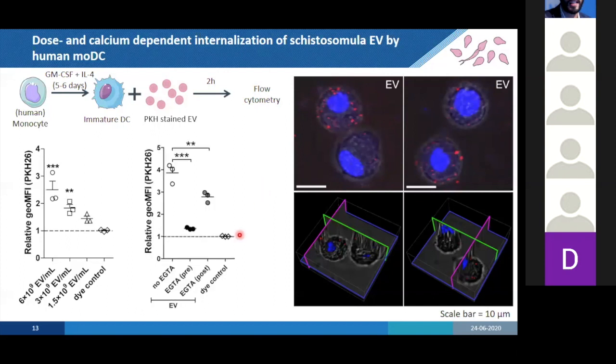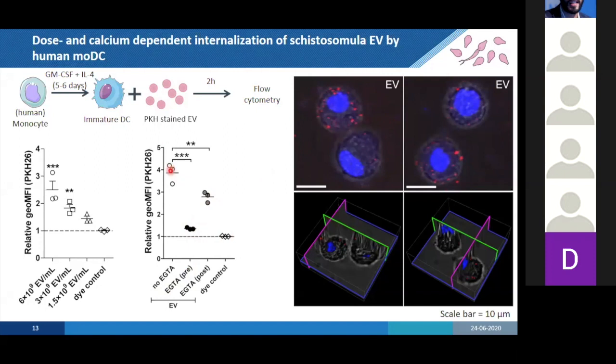And indeed, we saw a significant reduction in EV uptake by the cells. To really know for sure there's uptake and not binding, we also did a post-treatment with EGTA, and if you do a post-incubation, you will remove all the bound EVs still.